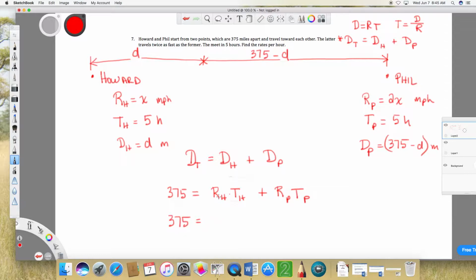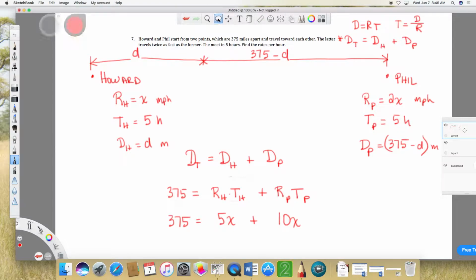So the rate that he is traveling at is x, and the length of time he's traveled is 5. x times 5, I'm going to write that as 5x. And the rate that Phil was traveling twice as fast, so 2x times 5 is 10x.